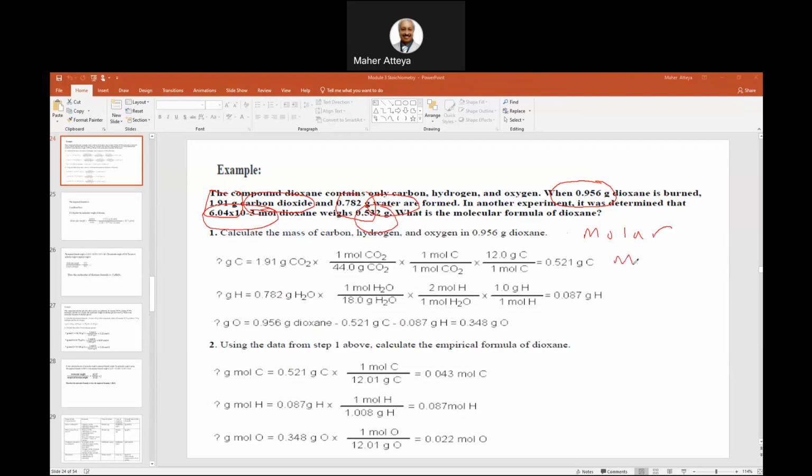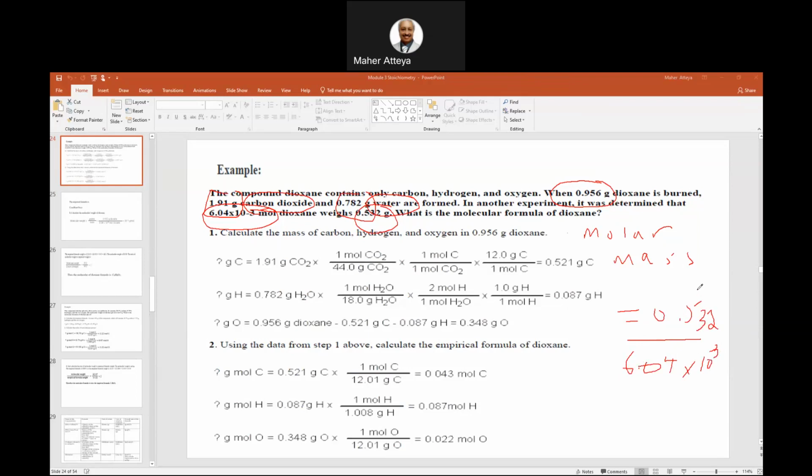So the molar mass is, just bear with me, sometimes it does not want to write very well, sometimes the mouse is much better than the pen. 0.5532 grams divided by 6.04 times 10 to the minus 3 moles.